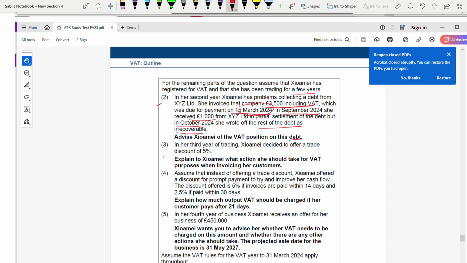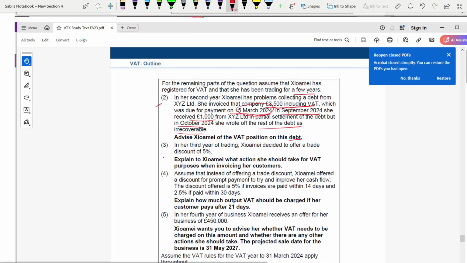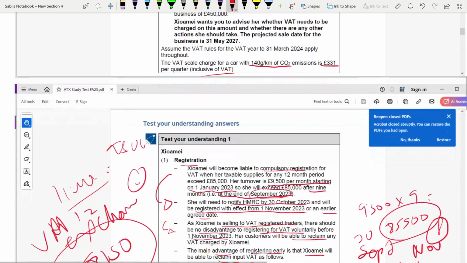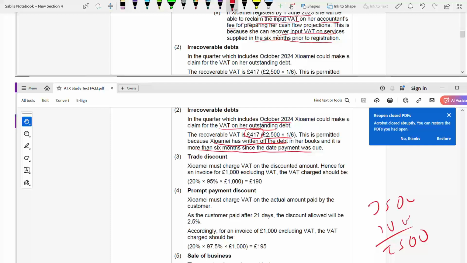Now, next, third one. In her third year, she decided to offer a trade discount of 5%. Now you have to advise which action they should take for VAT purposes when invoicing customers. It's on a discounted amount. It's a trade discount, so 5%.